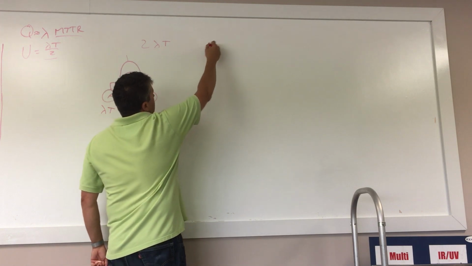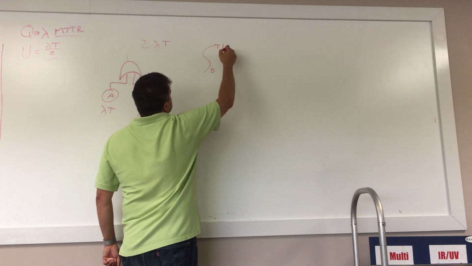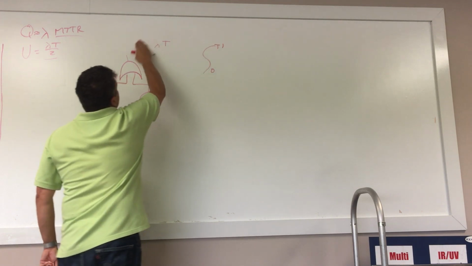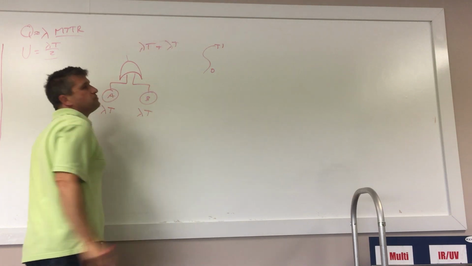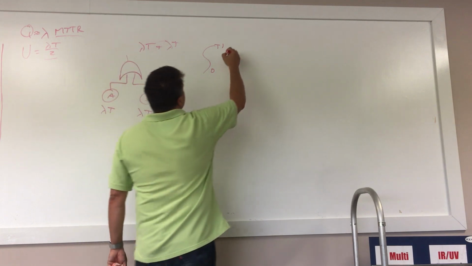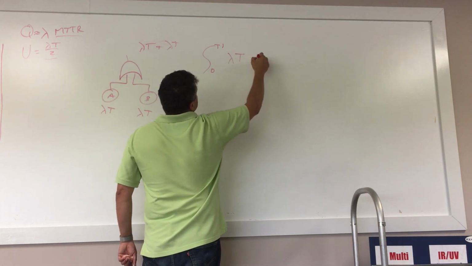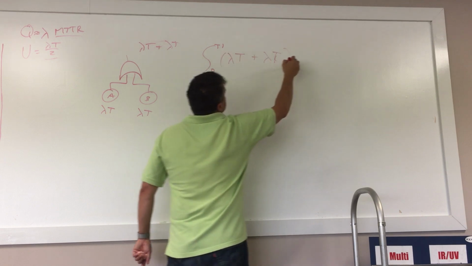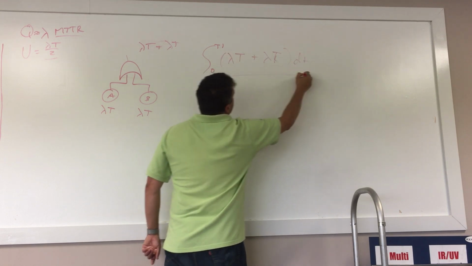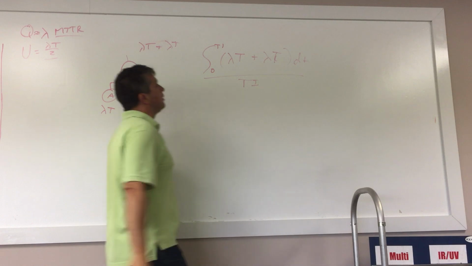When I do my integral from 0 to test interval, actually I don't even want to do that. I want to leave it as lambda t plus lambda t, which makes it a little bit easier to think about. So I've got lambda t plus lambda t dt over the test interval.